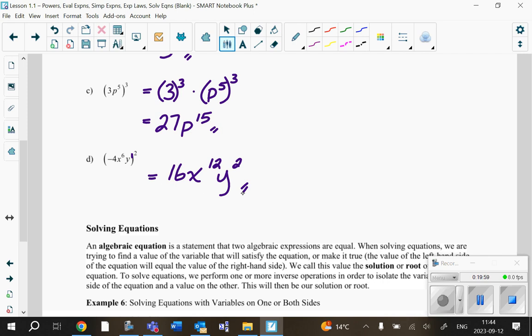I know we've got lots of time to finish this, but I don't want to jam a whole bunch of stuff in. So we're actually going to do this Thursday, the equations. Let's just stop at the simplifying right now and do a little practice with that.